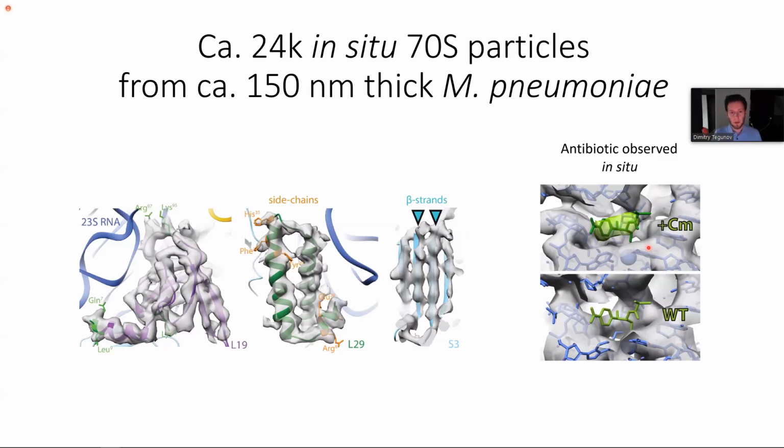So what does this mean for the future? Now, I think the way forward here will be very different from what we saw for in vitro frame series data, where ribosomes were also some of the very first molecules solved to very high resolution by single particle analysis.